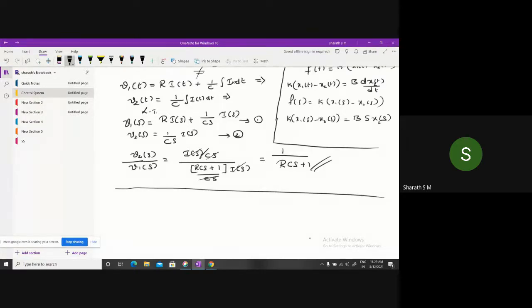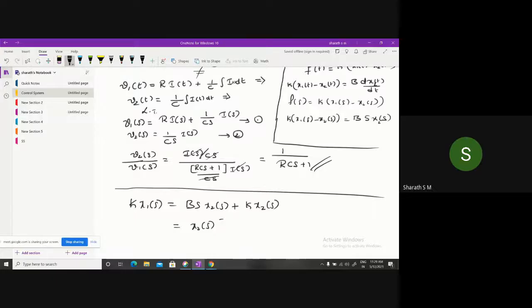Just make an alteration for the second equation: K into x1 of s is equal to bs into x2 of s plus K into x2 of s. Simplify so that x2 of s is a common factor. It remains with bs plus K, which is equal to K into x1 of s.